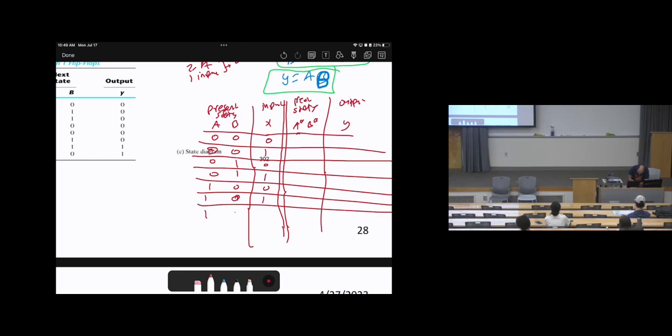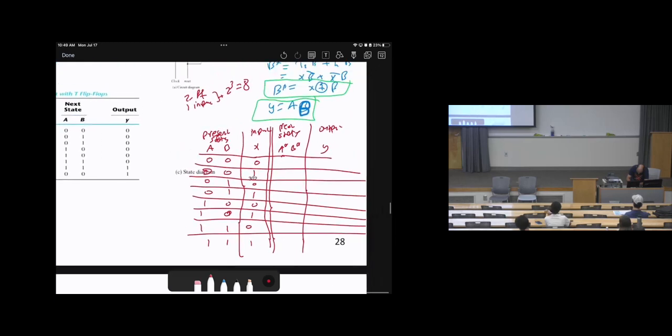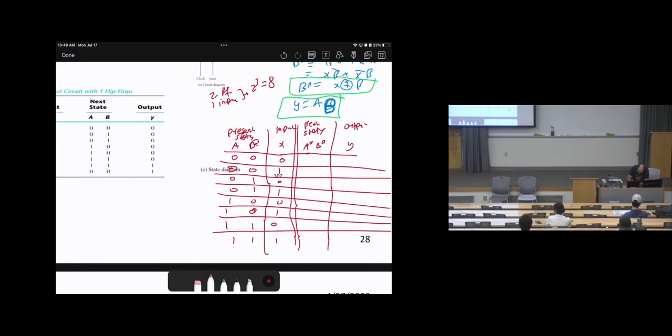Then 1, 1, 0, 1, 1, 1. Okay? Then look at the equations. So the outputs, be careful, it's function of A and B, not A star, B star. Okay?